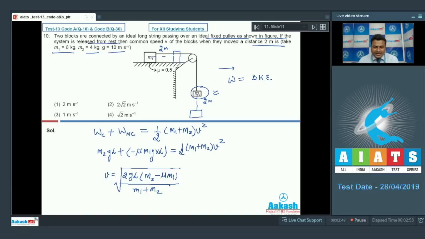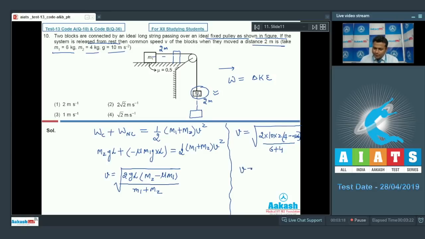The data is given in the question, so let's take the data from the question and plug it into the final expression. We get the speed v as under root of 2 into g 10, L 2, (m2 4 minus mu 0.5 multiplied by 6, that is m1), divided by m1 plus m2, that is 6 plus 4.